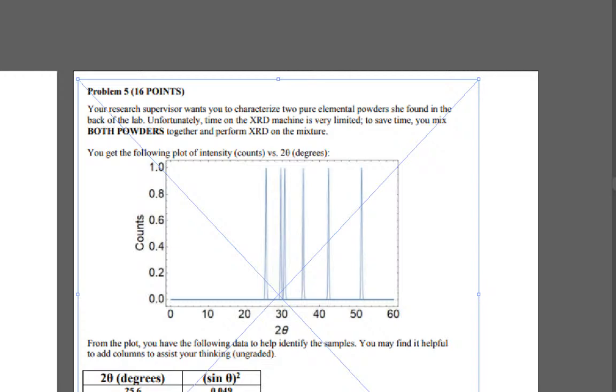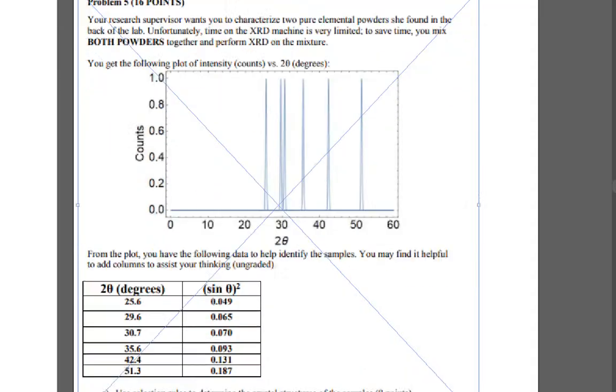Oh, ouch. Okay. I guess that's that. From the plot, you have the following data to help identify the samples. You may find it helpful to add columns to assist your thinking.